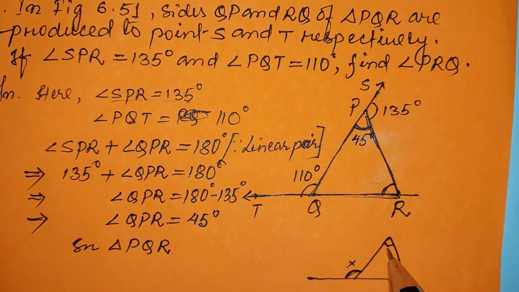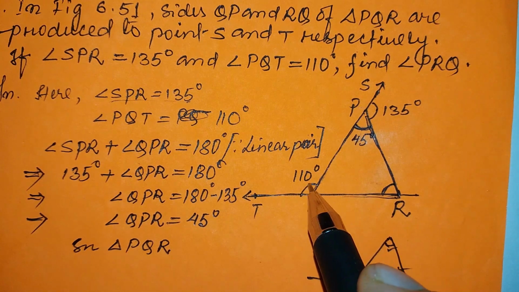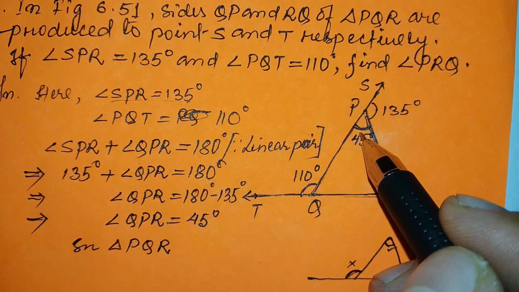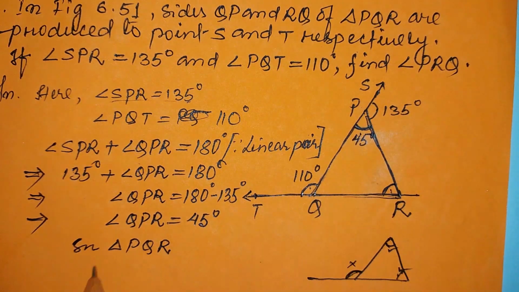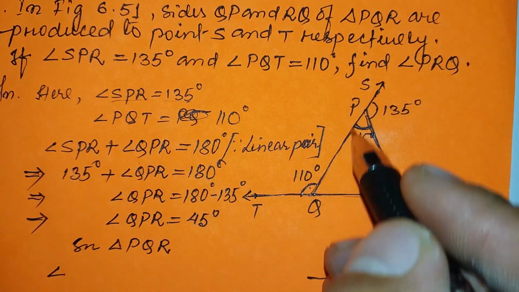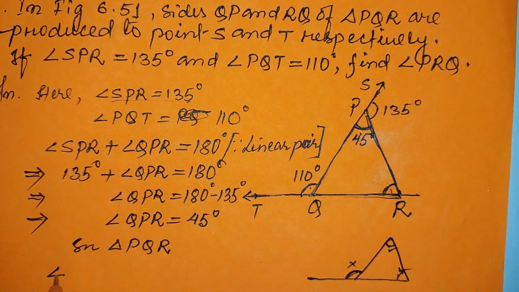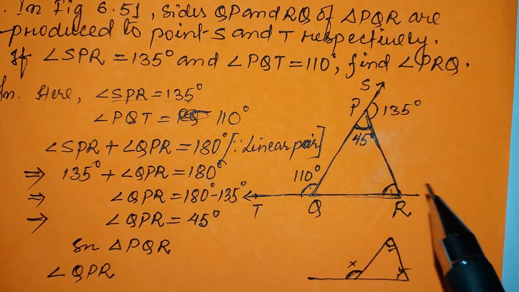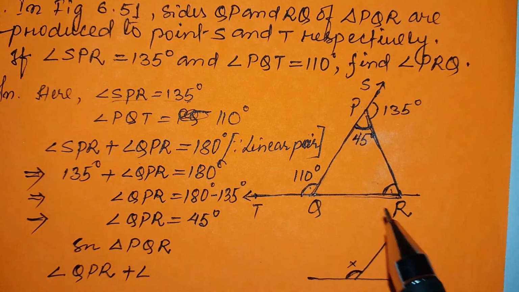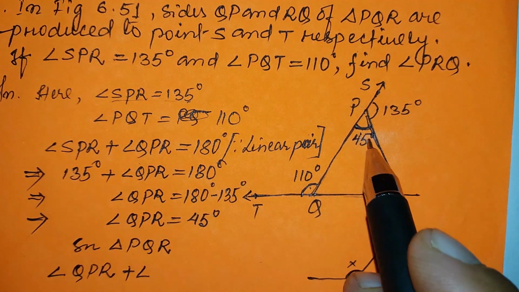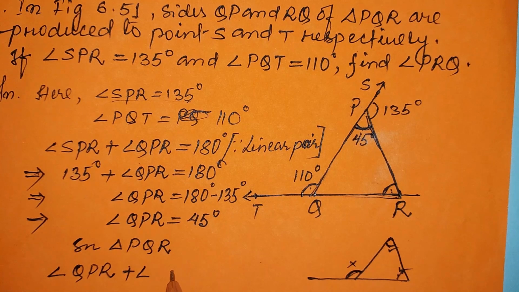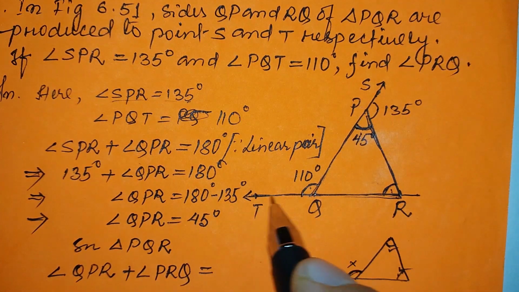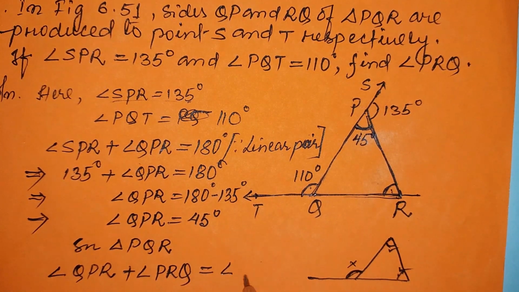So angle PQT will be equal to this angle plus this angle. I'm going to write angle QPR plus angle QRP, or you can say PRQ, is equal to this exterior angle PQT.